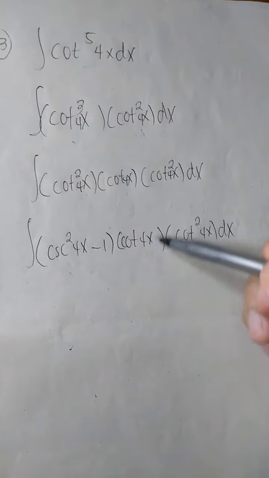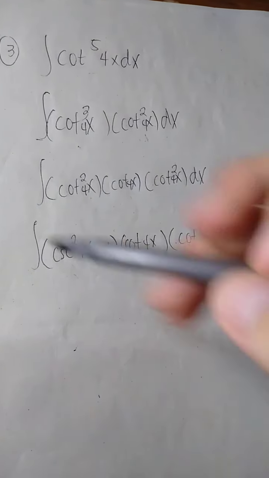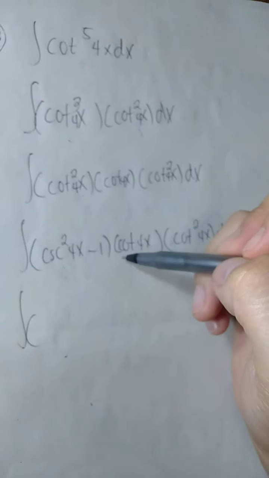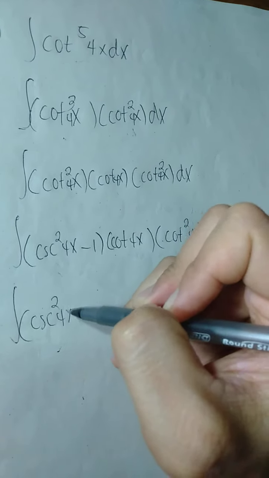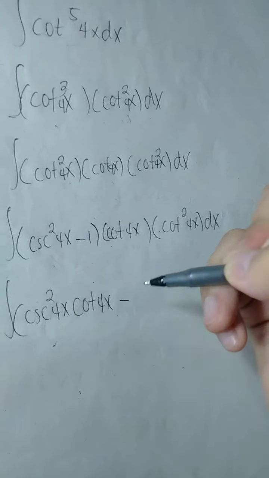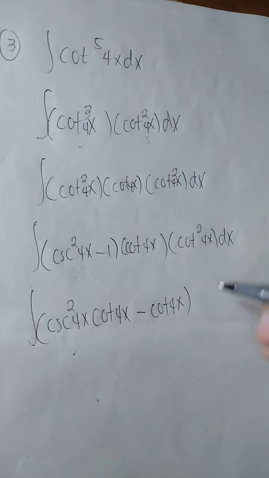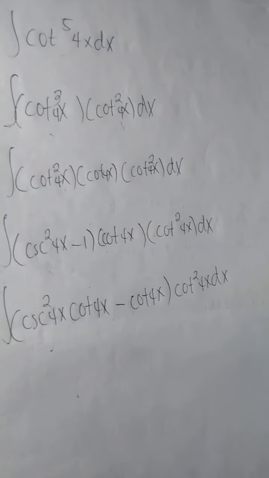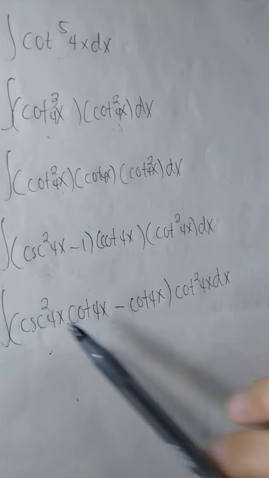So we distribute now the cotangent. So it becomes integral of cotangent 4x. So cosecant squared 4x cotangent 4x minus cotangent 4x, then may iwan sa cotangent squared 4x dx. Check, is it integrable? Pwede na.